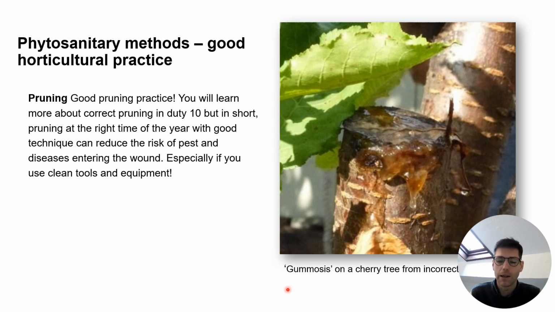And the poor old cherries, I see a lot of them and they're pruned very badly and pruned at the wrong time of the year. So it's good to know what you're pruning and how to prune that particular plant to prevent the spread of pests and disease.